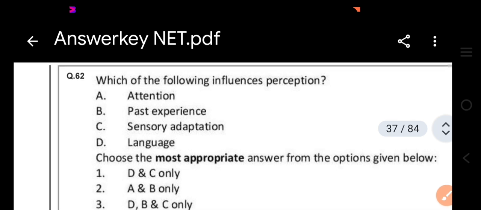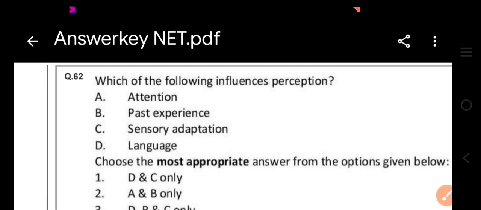Now, which of the following influences perception? Here four options are given. First is attention. Exactly, attention influences our perception. It is very fundamental, and by attention only we further process the perceptual process. Past experience definitely influences our perception, the way we see things.